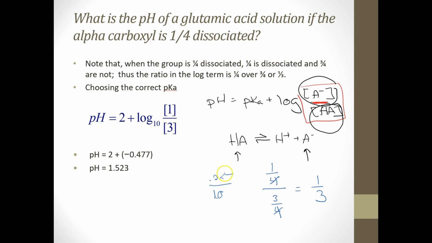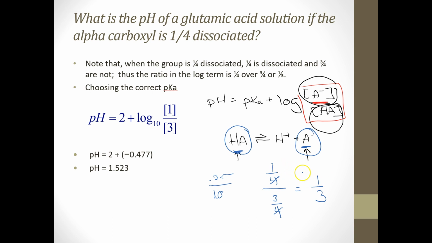It's 0.25 of 1/4 because the total of this plus this is 1. So if you use up 1/4 in this, only 3/4 can exist here.